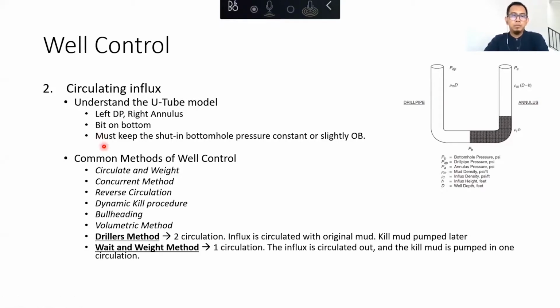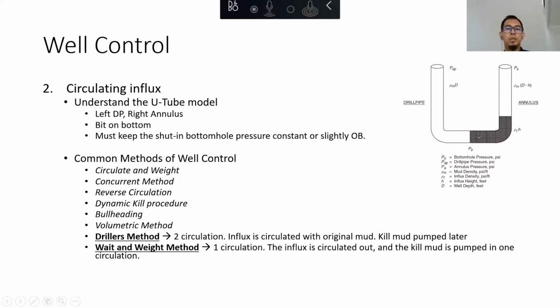And understanding the U-tube, you must keep the shut-in bottom hole pressure constant or slightly overbalanced. So what you want to target when you see this U-tube is to have as small a volume as possible of the influx in our annulus.